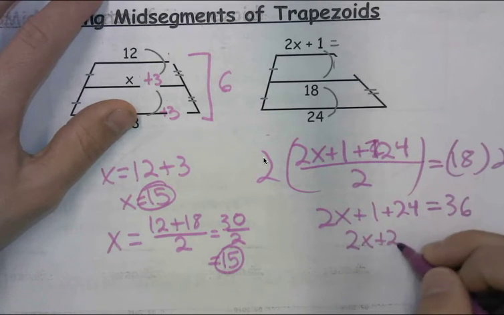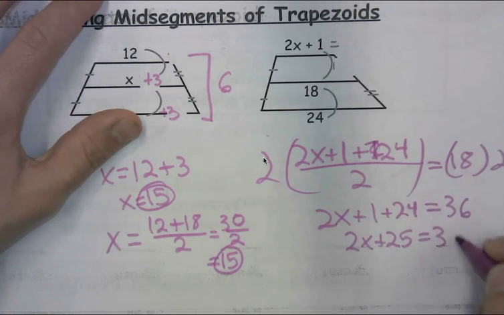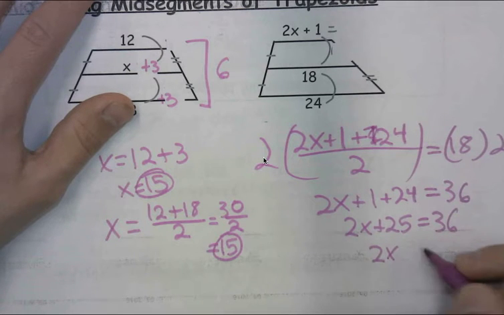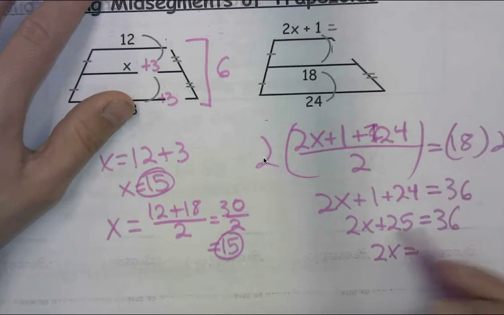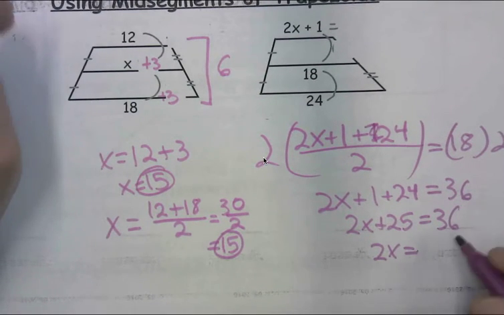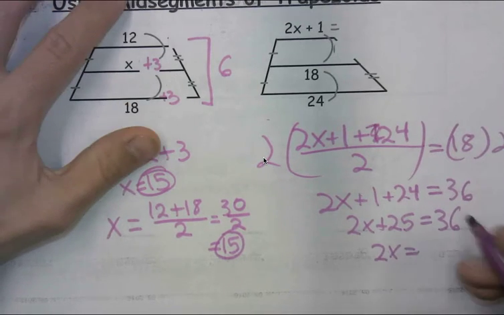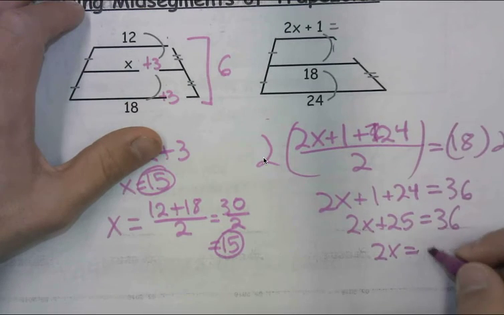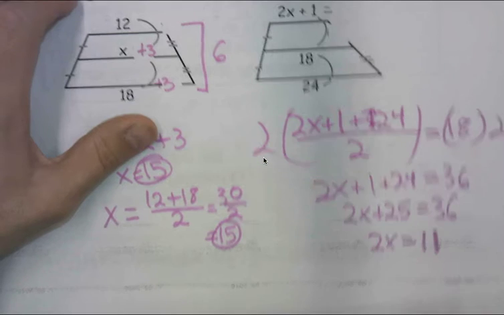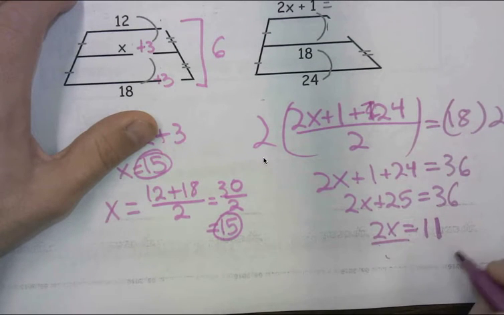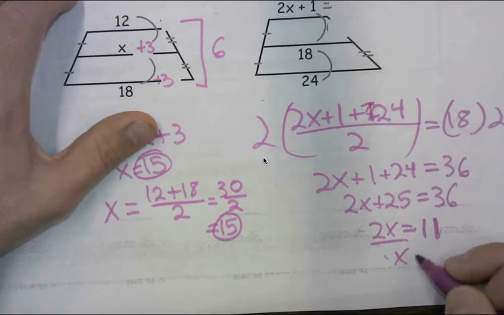If we keep simplifying away, 2x will be equal to the difference here. So if we subtract 25 from 36, that gets us 11. So this is going to say that x is going to be equal to 11 halves.